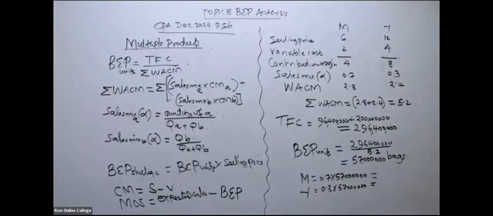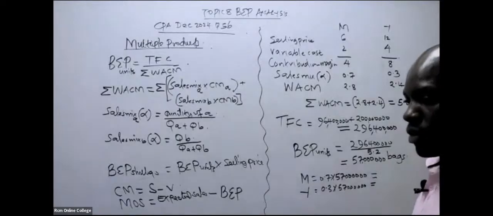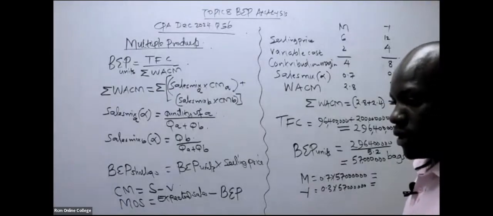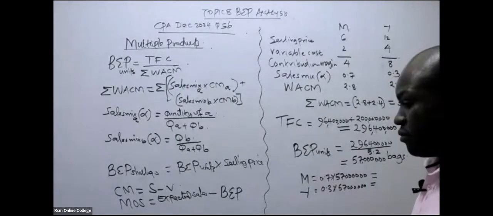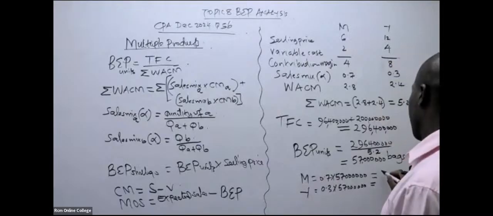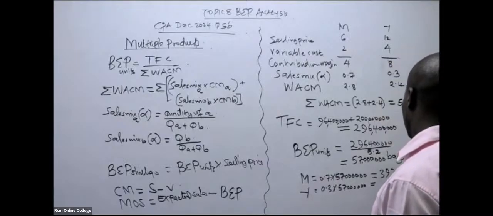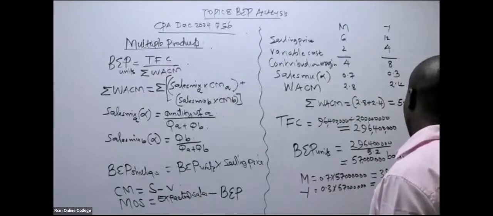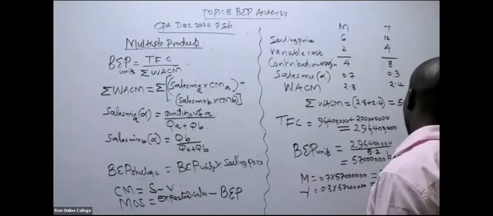For product M, how many bags do we have? 39,900,000 bags.